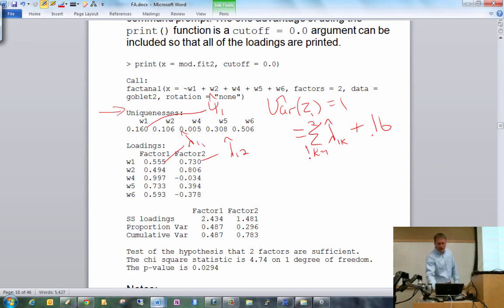So we can see then that the estimated communality, the information that these common factors are explaining about the first variable, is 0.84, or 84%. So we can see, for example, with the sixth variable, the common factors are only explaining about half of the variation in that particular variable.